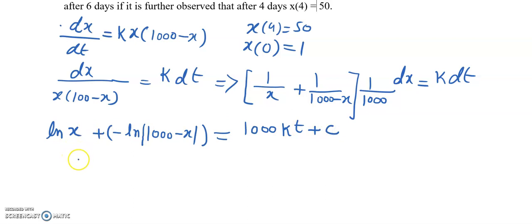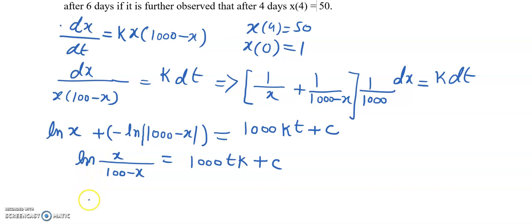So if I simplify it, it will be log of x over 1000 minus x equal to 1000 kt plus c. And then if I remove the log from this side, it will be x over 1000 minus x equal to e power 1000 kt plus c.